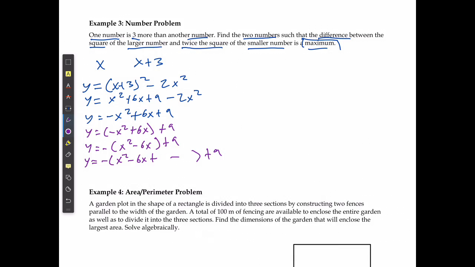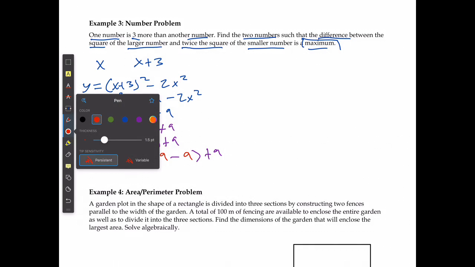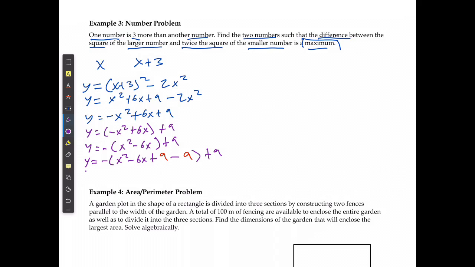Half of 6 is 3, and 3 squared is 9. Y is equal to negative bracket x squared minus 6x plus 9, and on the outside I have plus 9, and the negative 9 times the negative 1 to move it out is going to be another plus 9.